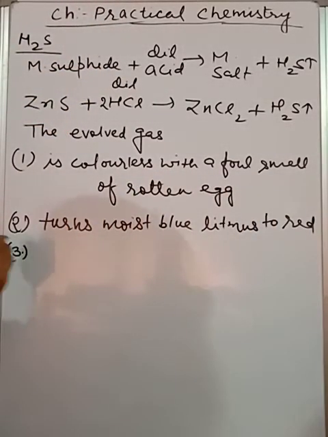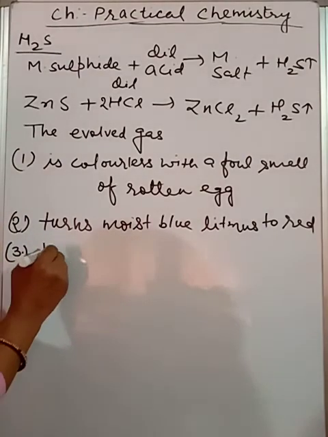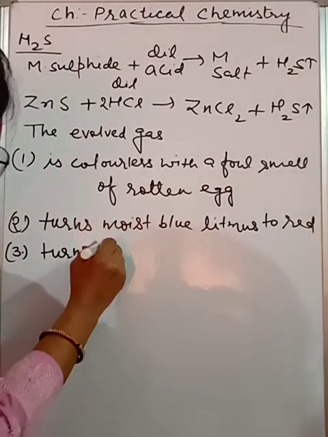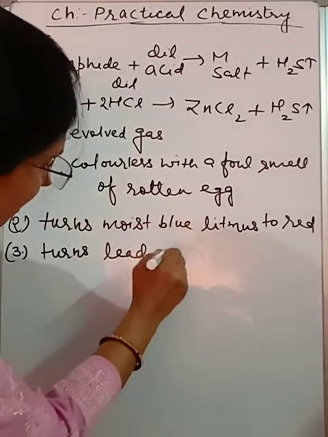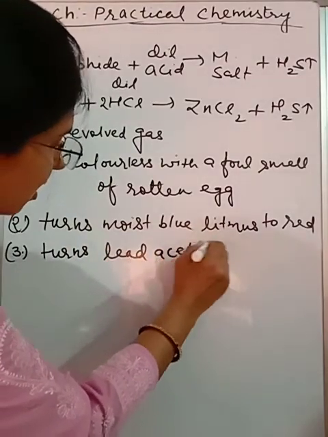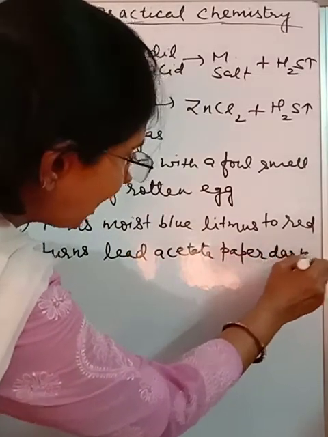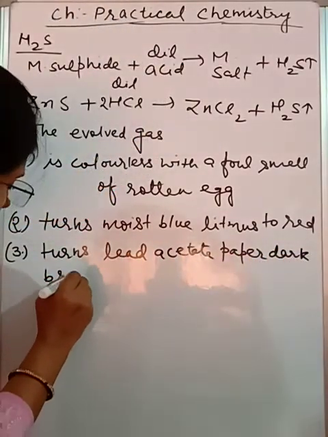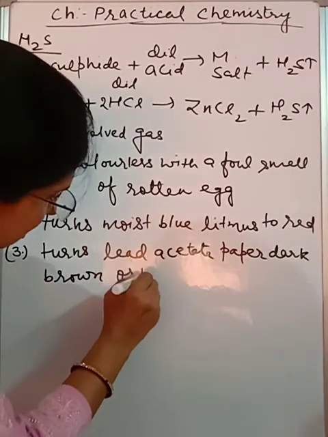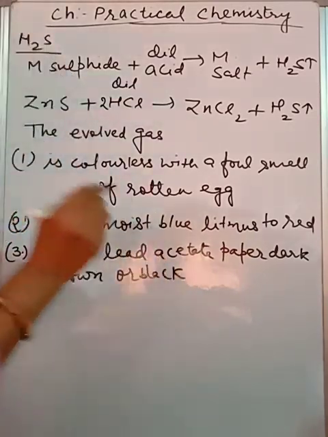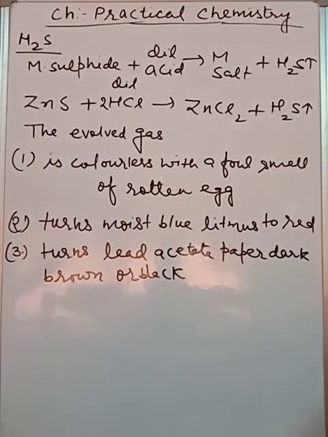Third point, children: it turns lead acetate paper dark brown, or you can say dark brown or black. More points are there, but for you these three points are very important. You can understand the H2S gas on the basis of these.